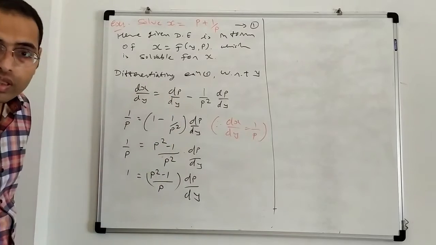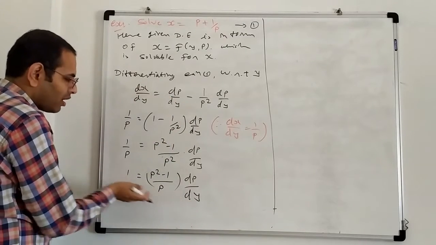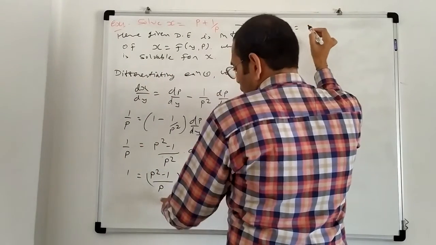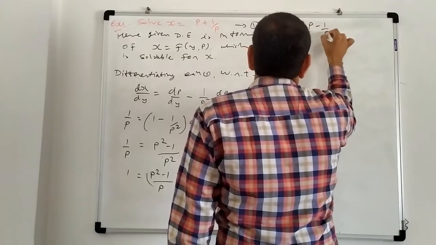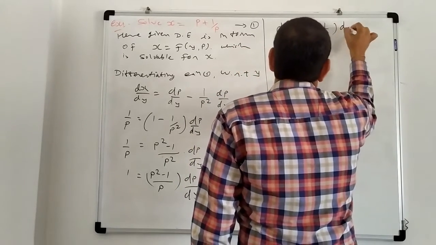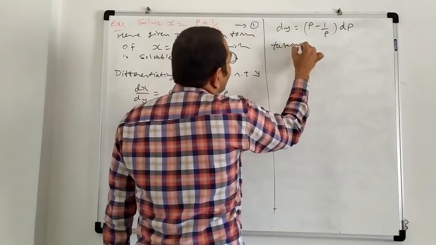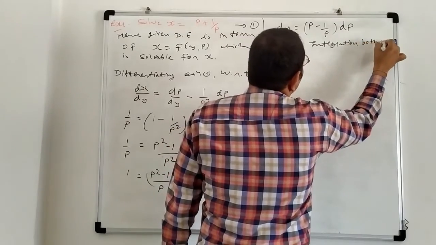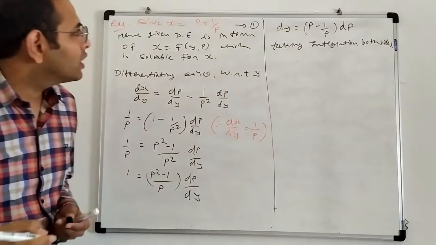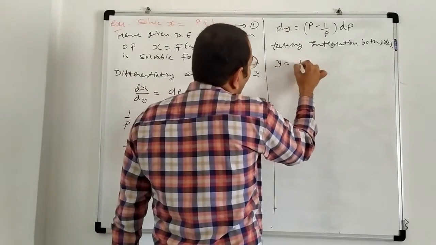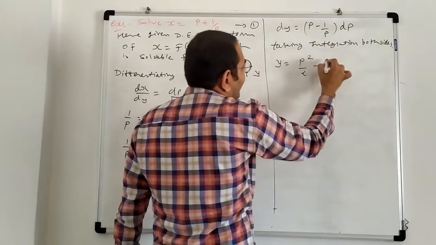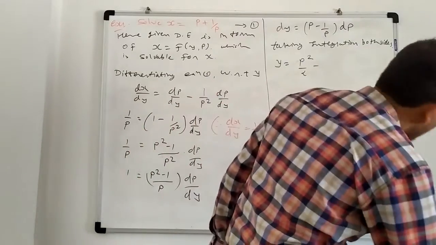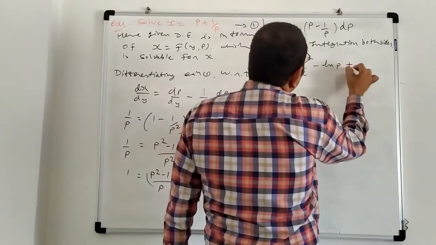Now with the help of the variable separable method, dy goes to this side, then dy equal to, p cancels, p minus 1 upon p into dp. Taking integration on both sides, then y equal to p square by 2 minus ln p plus c.